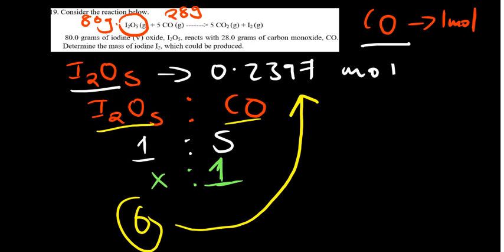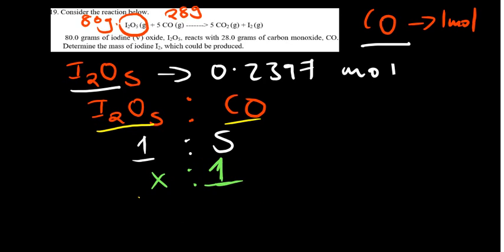But if we find a lower value, let's say 0.1, then since we have 0.2, which is more than what is required by the carbon monoxide, we would have more than enough iodine 4 oxide, and that would mean carbon monoxide is limiting.